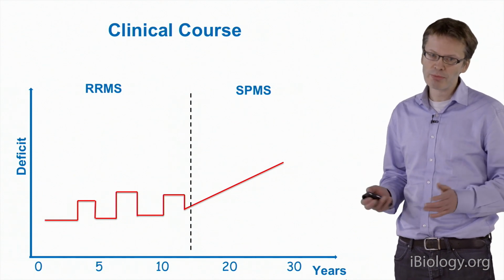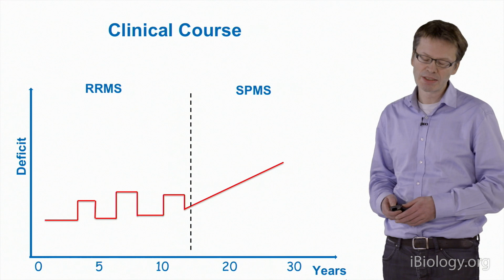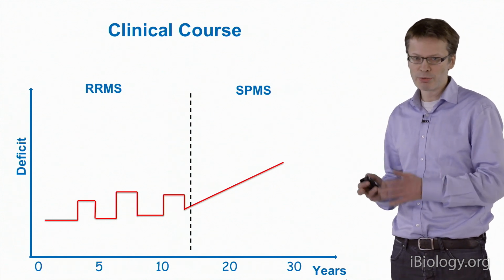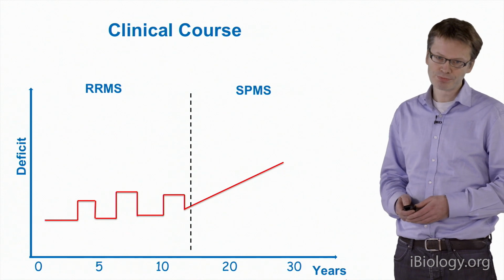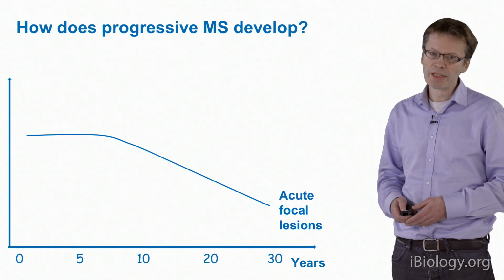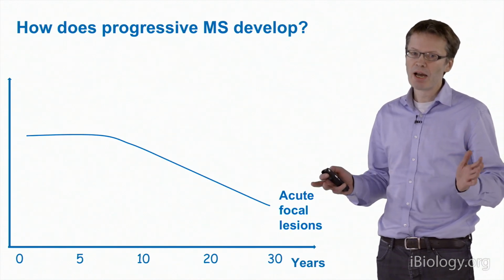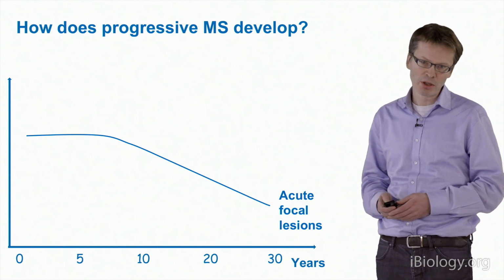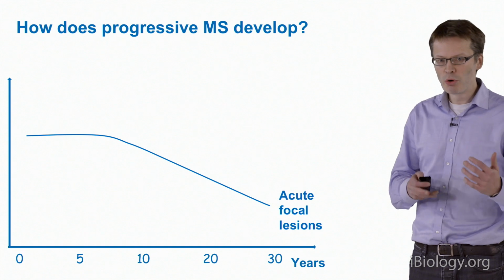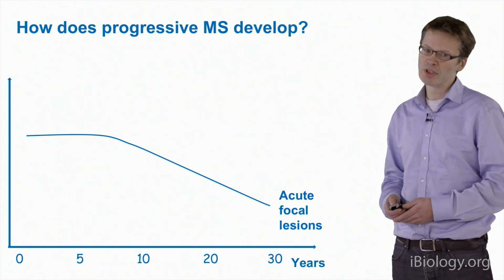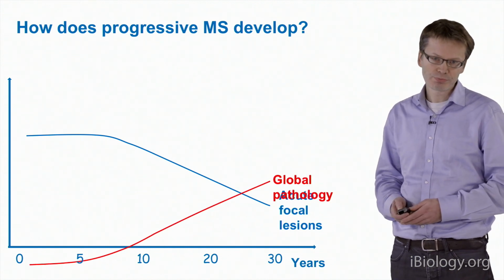Now, while there are good treatment options for relapsing, remitting MS, the treatment for secondary progressive MS or primary progressive MS is not possible. Therefore, it is important to understand how progressive MS develops. If you look at the pathology, the acute focal lesions decrease gradually over time.